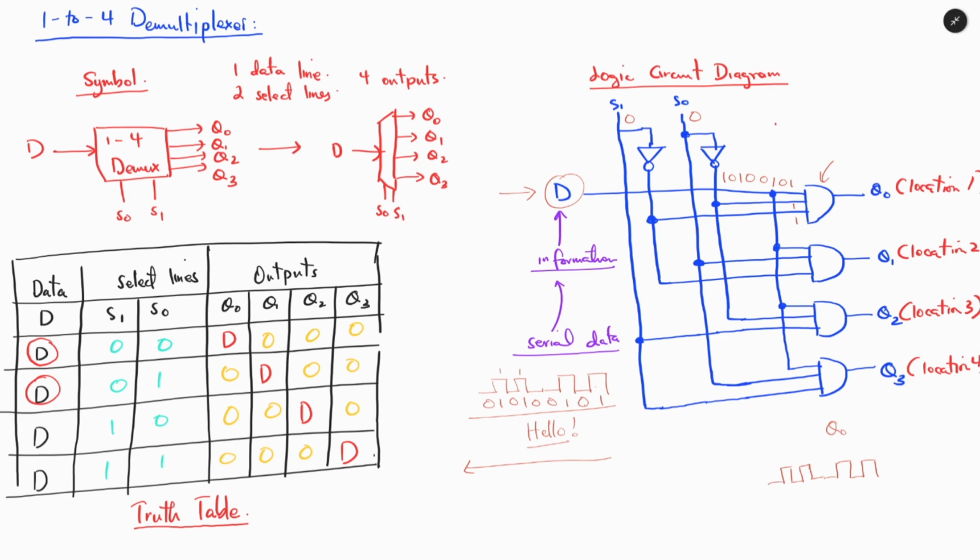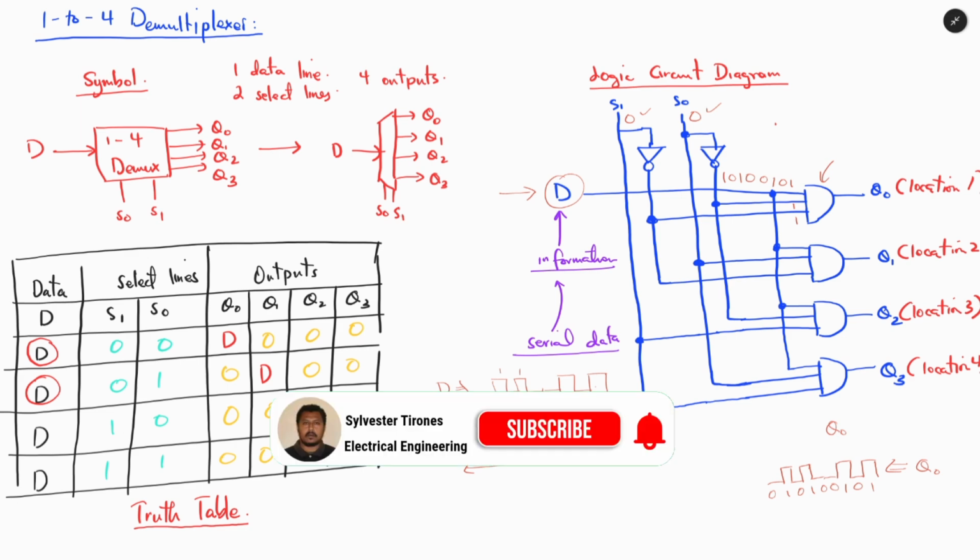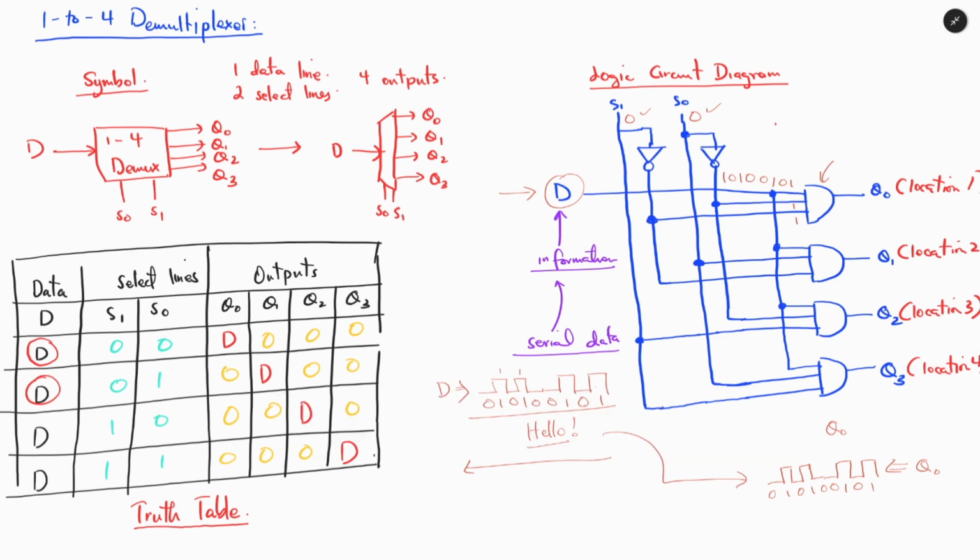So you can also see that we have D, which is the data coming in, and if the select line is 0 and 0, we should have Q0, which is given here, which is the output, where you will see that it registers the same values, 0 1 0 1 0 0 1 0 1. Now we can see that this data is transmitted successfully to location 1.